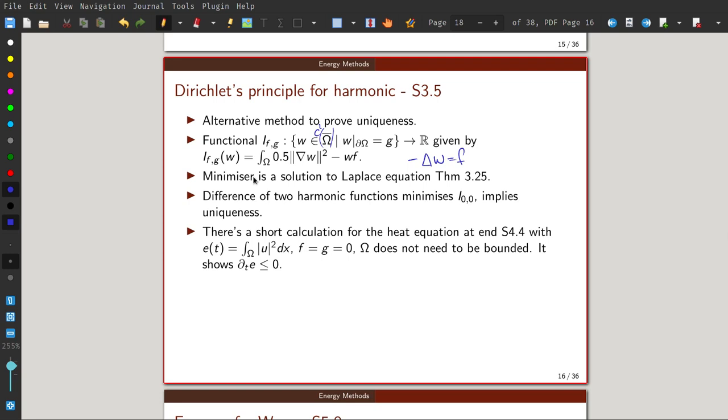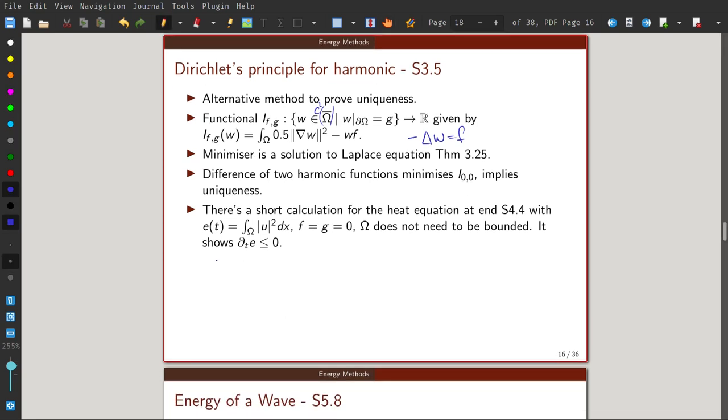So how you prove uniqueness is very typical. Suppose that there were two different minimizers, U1 and U2, and we look at their difference V. We have already seen that V would have to be 0 on the boundary. We saw this in the previous section.